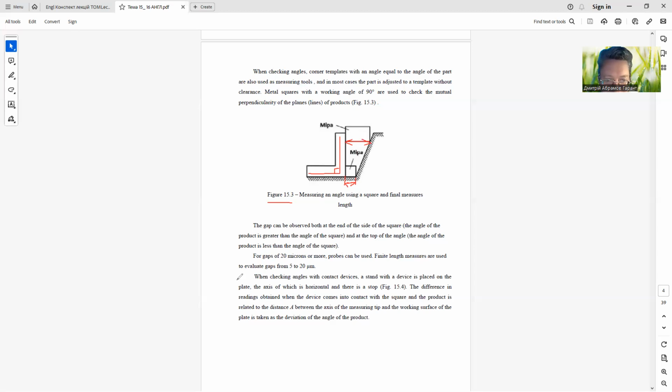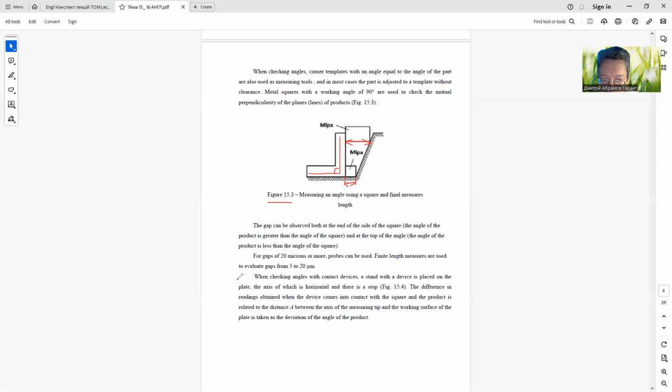The clearance can be observed both at the end of the side of the square, if the angle of the product is greater than the angle of the square, and at the top of the angle, if the angle of the product is less than the angle of the square.